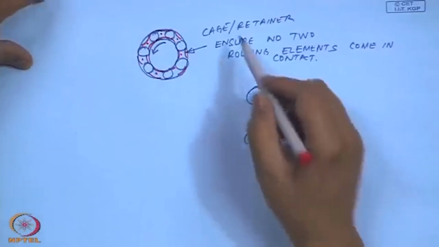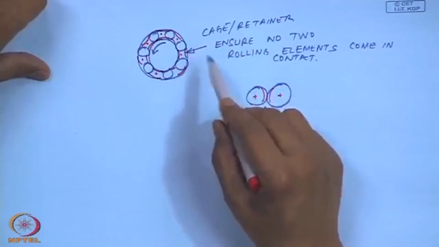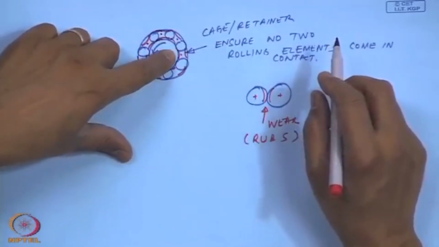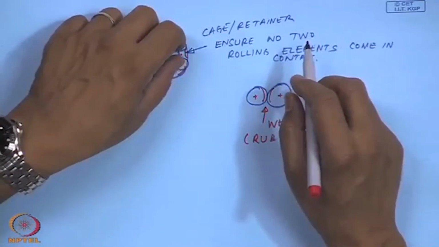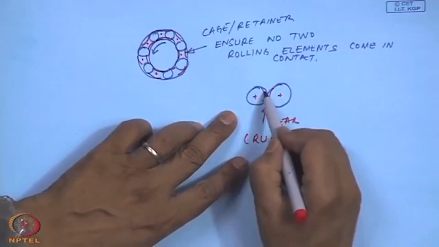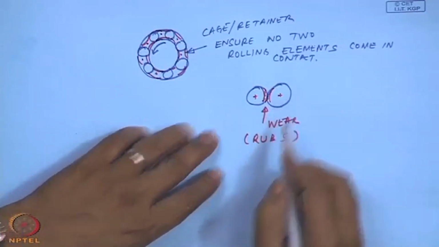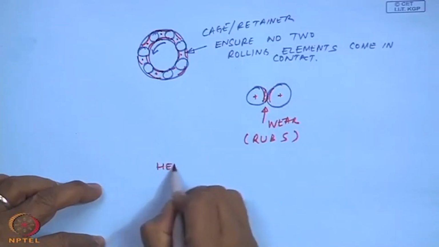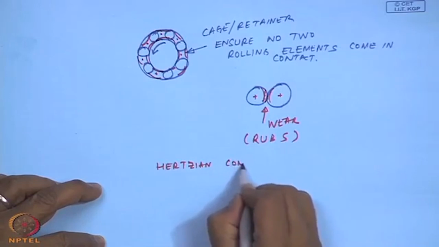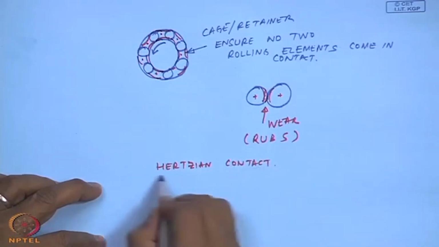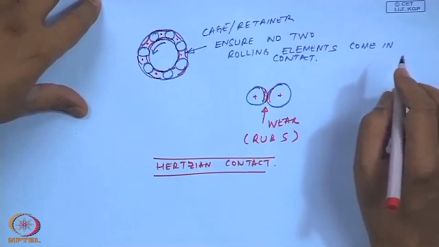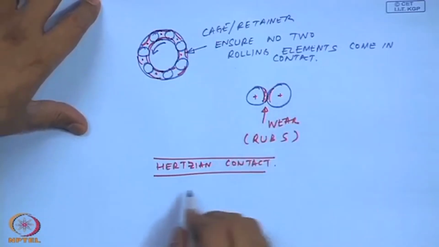And I just told you the case of a rolling element bearing, where if the cage or retainer shown in red was not present, these two rolling elements, when they were spinning and rotating, would come and touch each other, and then there will be severe wear because of Hertzian contact.